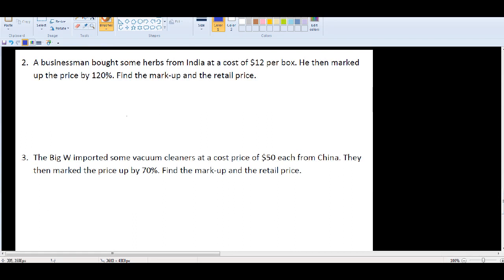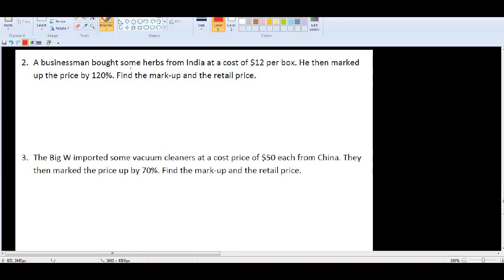Okay, so let's have a look at the second question. You need to get used to the situation. Again, a businessman bought some herbs from India at a cost of $12 per box. So he bought it at $12 per box. Why did he buy it? From a business point of view, he would like to make a profit.